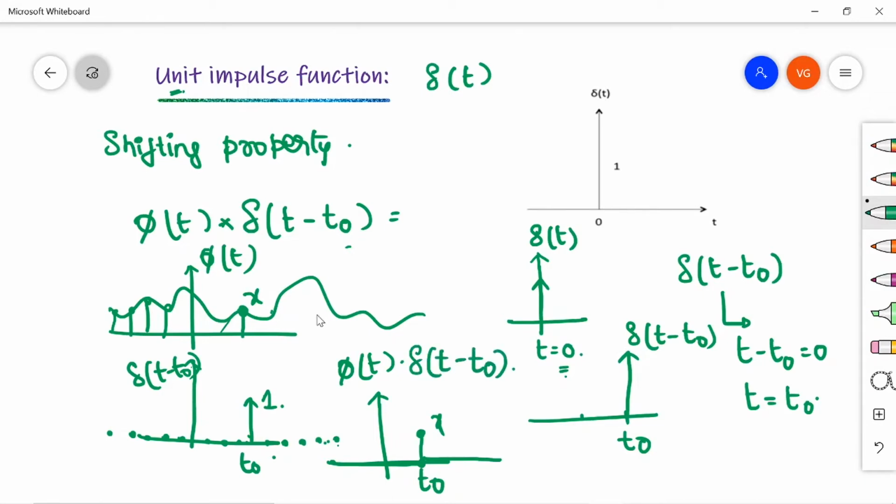This is represented as phi of t naught, because you are getting only this impulse. So this signal is nothing but an impulse. As I am multiplying with the impulse function, I'll get only whatever amplitude is present at t naught, that only we are getting. So this can be represented as phi of t naught.